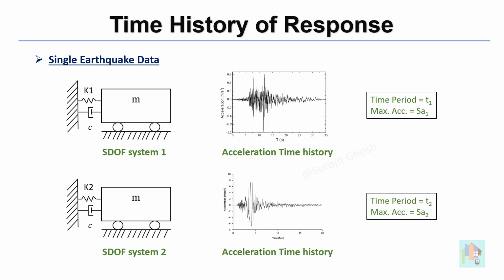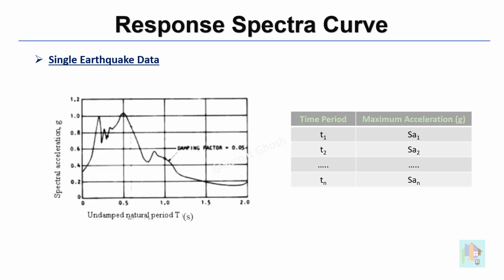If we change the stiffness, time period will change, and for same ground acceleration, structural response will be different. So, if we record the maximum acceleration of different SDOF system with different time period for a single earthquake data, that will generate few data points on this graph.